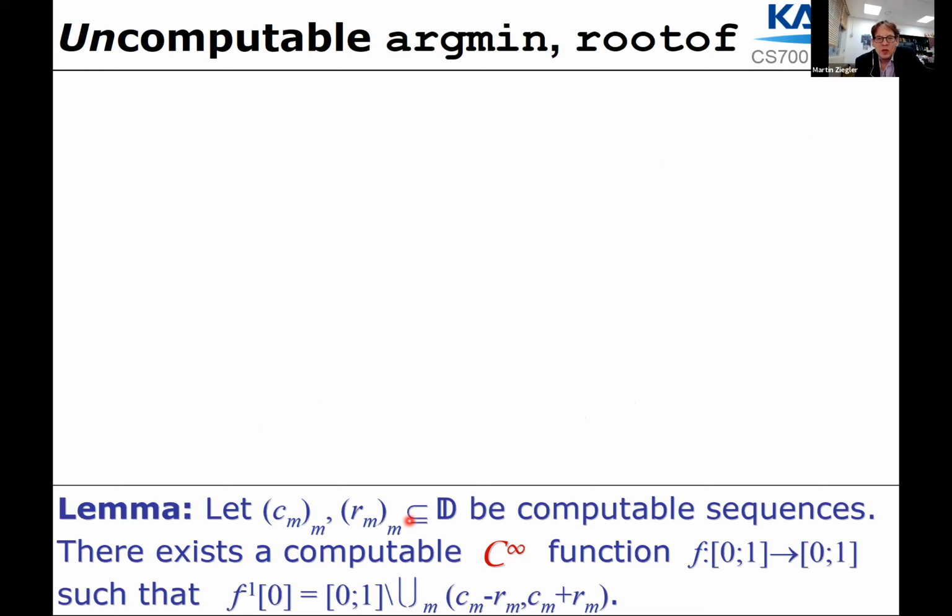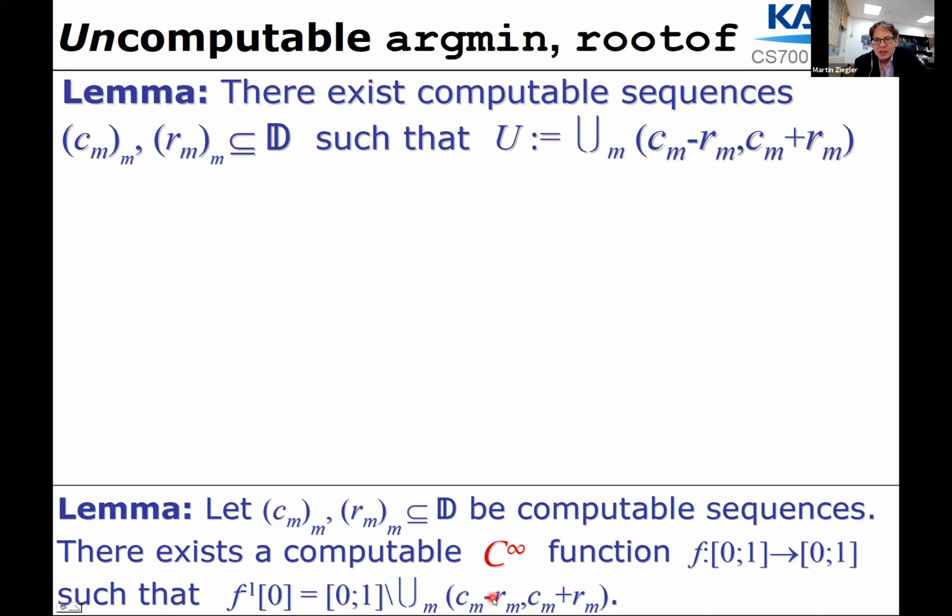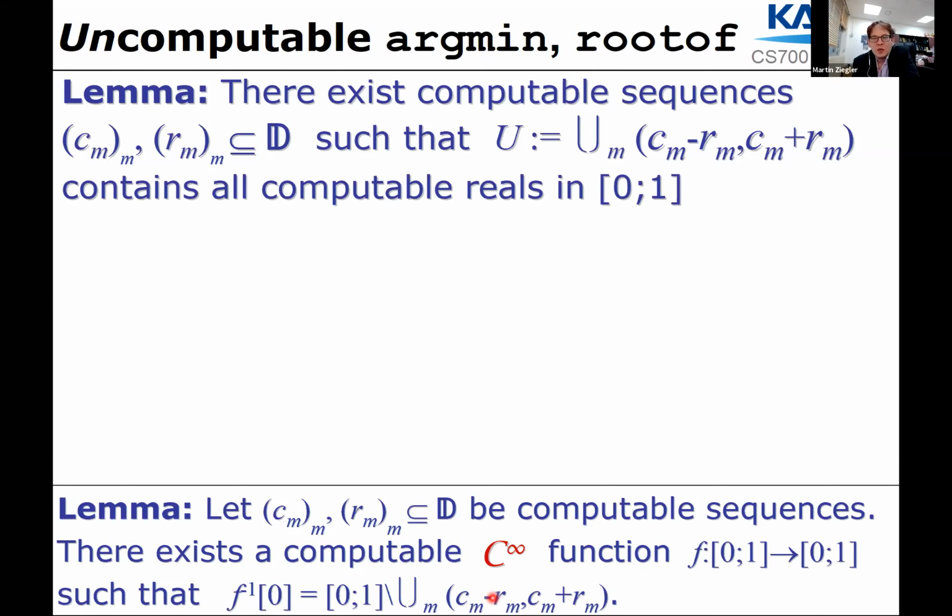Now we're going to use very specific such sequences, namely open intervals that cover all computable real numbers. So the statement is, there exist computable sequences of centers and radii such that the union of these countably many open intervals contains all computable reals in [0,1].